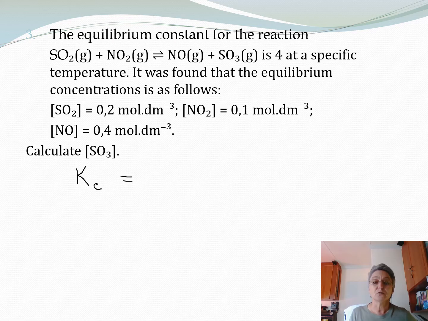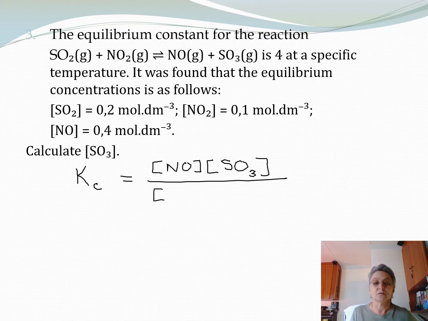First of all, we need to write the expression for Kc for this reaction. Please check that the equation is balanced before you do this. There is 1 sulfur on each side, 1 nitrogen on each side, and 4 oxygens on each side. So here we go: the concentration of nitrogen monoxide times the concentration of sulfur trioxide, divided by the concentration of sulfur dioxide times the concentration of nitrogen dioxide.